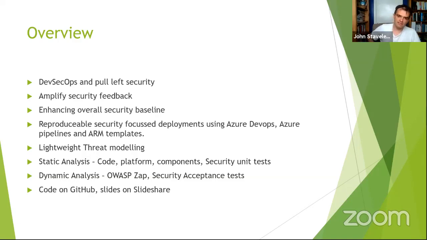How I can improve and guarantee security using unit tests, and then do what's called dynamic analysis. So OWASP app I've heard described as sort of a mini pen test. It's more of a toy, but it does provide some useful security feedback. And then briefly talk about security tests and what you can do there using SpecFlow and Selenium to test your security and look for security regressions.